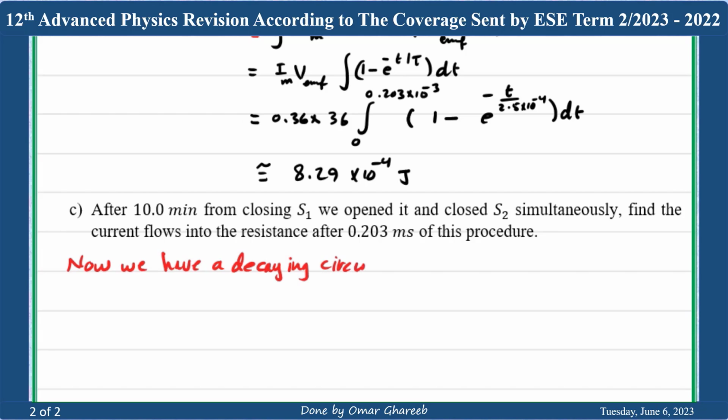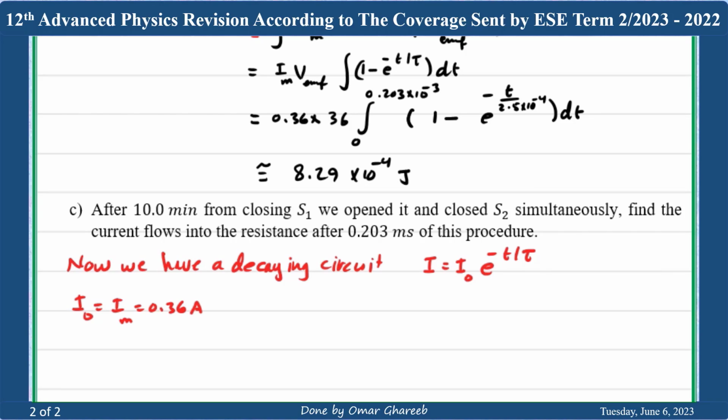What is the meaning of a decaying circuit? That means I equals I naught e to the minus t over tau, without the 1 minus. And I naught is the same as I maximum before, which is 0.36 ampere. Now, after 10 minutes from closing S1, we opened it and closed S2 simultaneously.